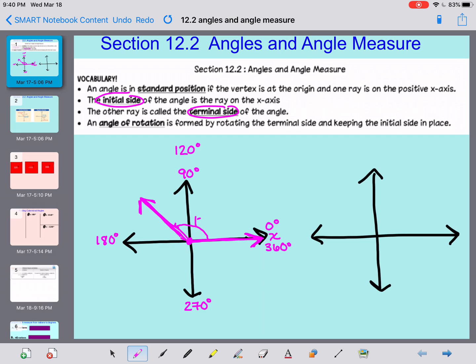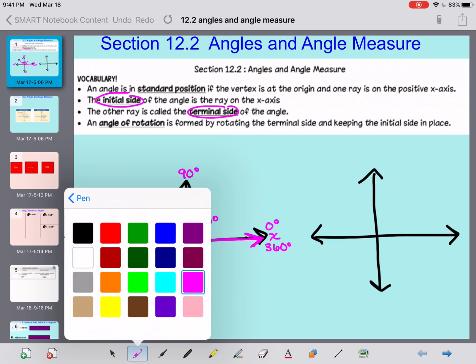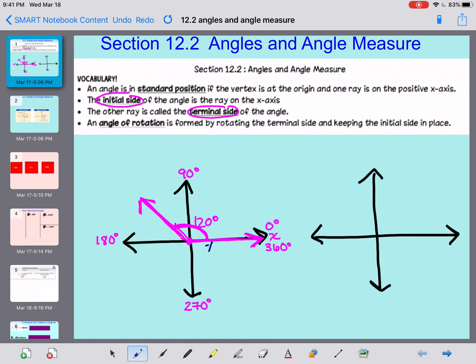And that would be my 120 degrees. Now it's really important that you draw this arc. This way you know that this is the angle we're talking about instead of this angle out here, which has a different angle measure. All right, so always draw that arc so we know which angle you're talking about.